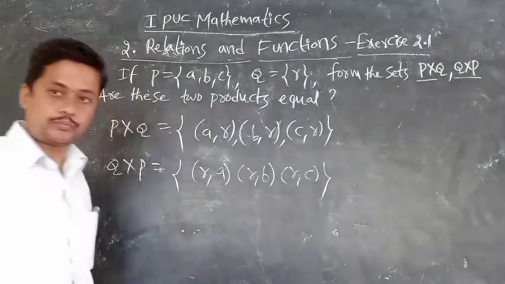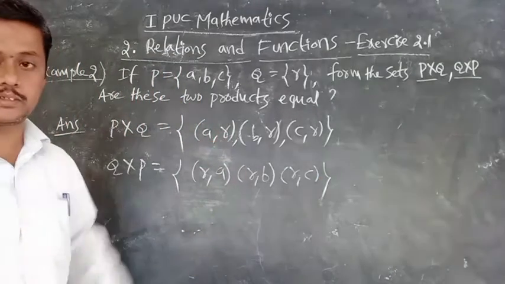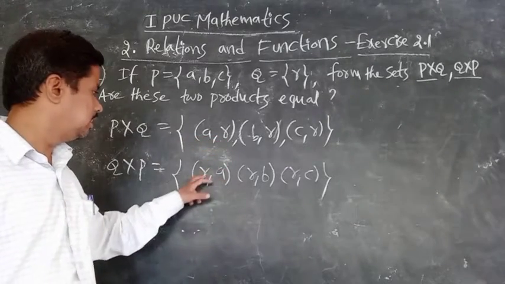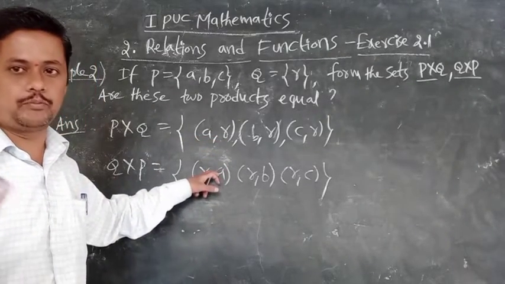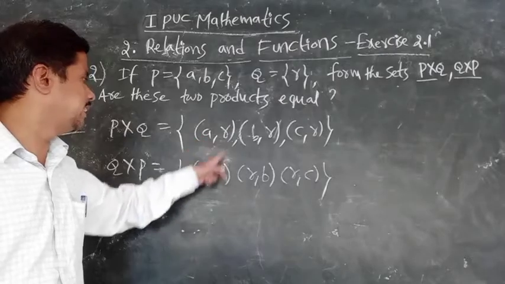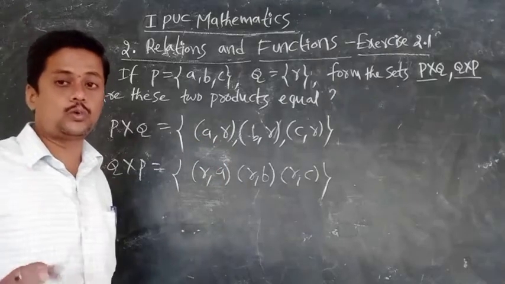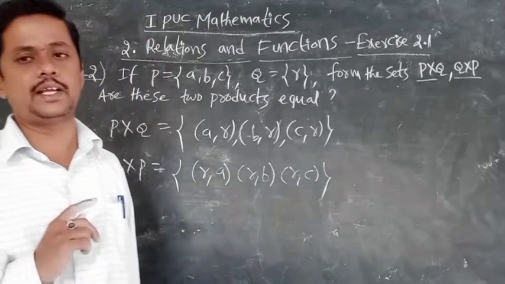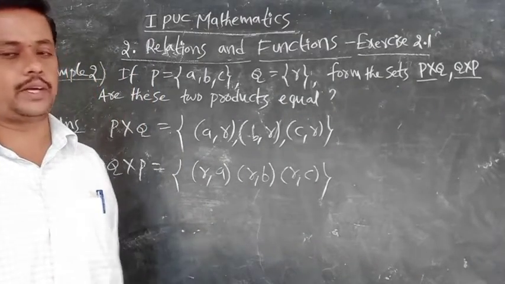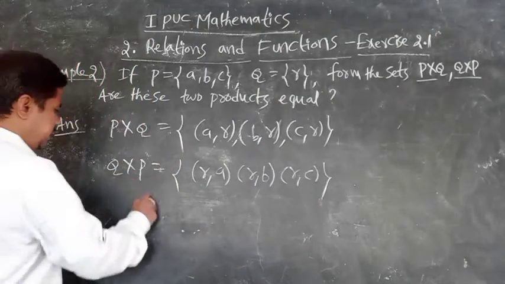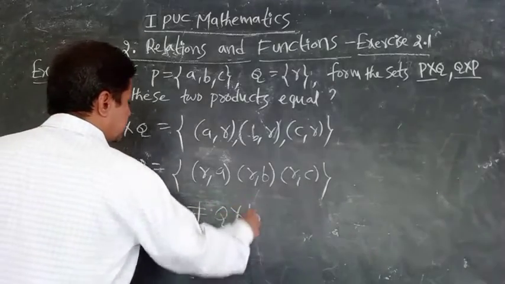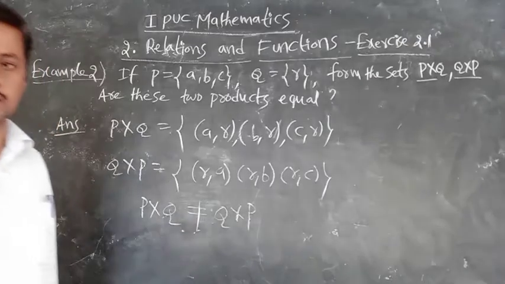Observe these two sets. Both are not same: A, R and R, A are not same. X coordinate should be equal, Y coordinate should be equal; then only we can say that the two pairs are equal. So P cross Q is not equal to Q cross P. Why?